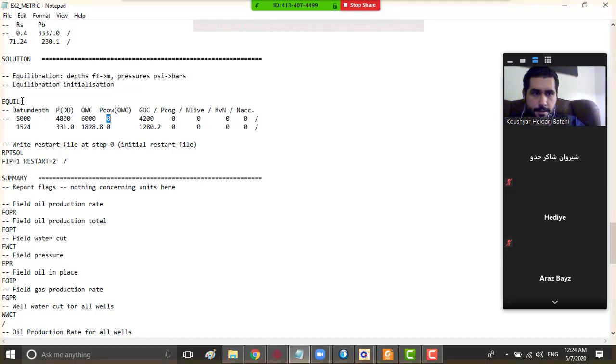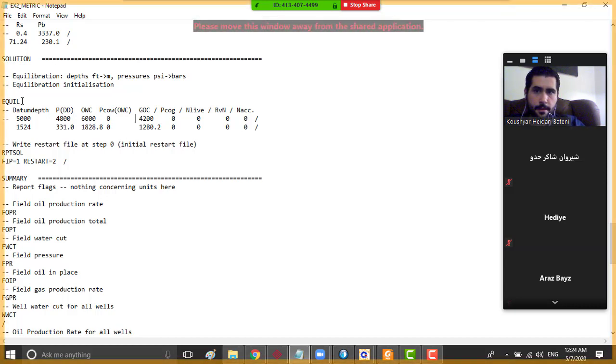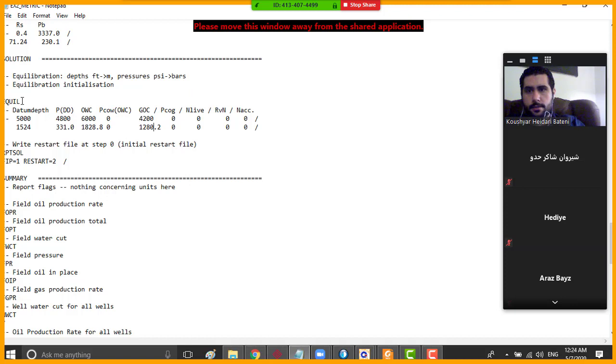If it was not 0, you would have to divide it by 14.7. The gas oil contact is in feet. In order to convert it to meters, you have to divide it by 3.4. And all the other fields are 0, so you don't have to do anything about them.